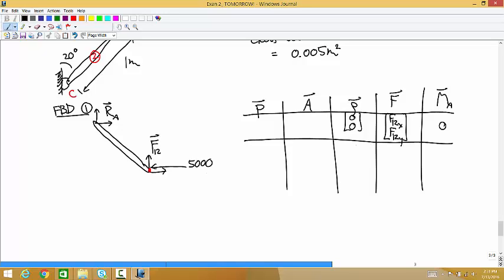Then the 5,000 newton force has a rho vector of 0. The force vector is negative 5,000, 0. No moment. And then the force RA: this is the rho vector from the about point to the point A. That vector is negative 0.342, positive 0.940.